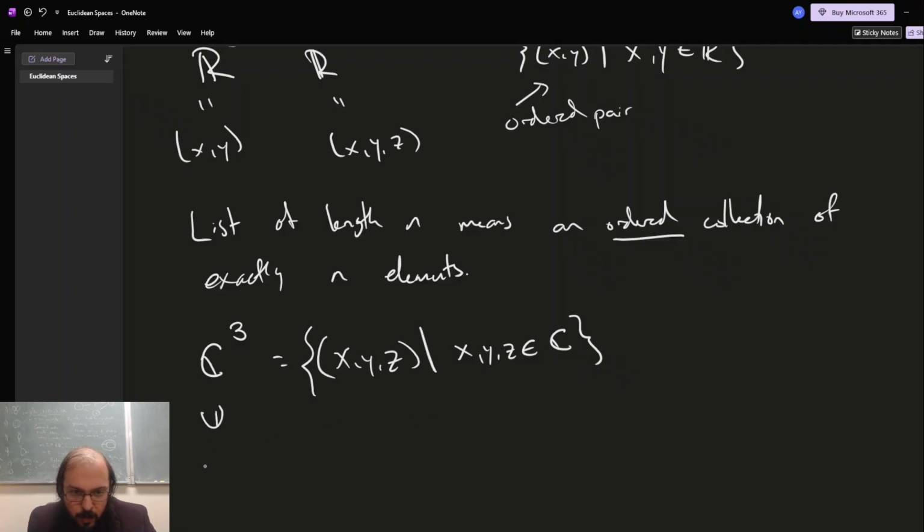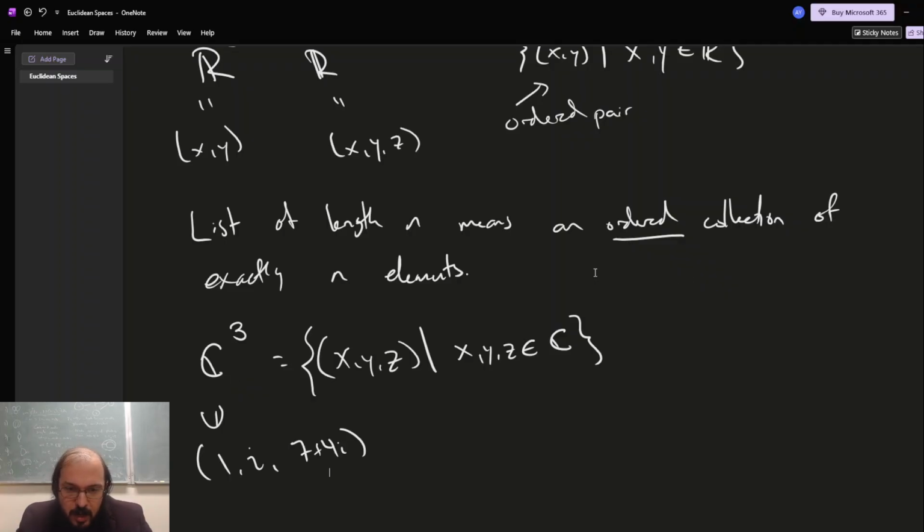So maybe we have something like 1i and 7 plus 4i as an example of a list of length 3 of complex numbers.